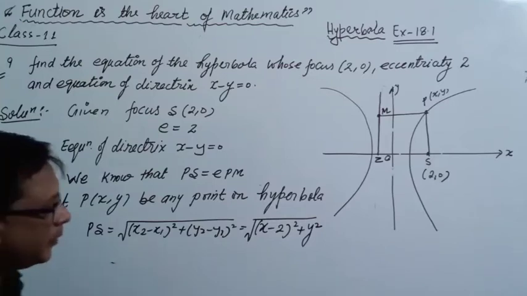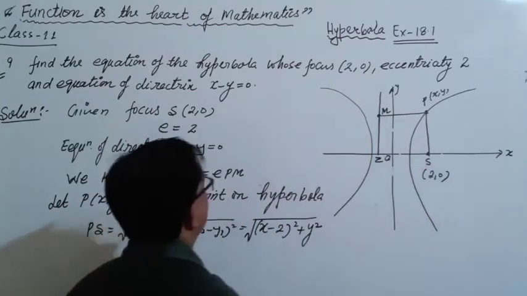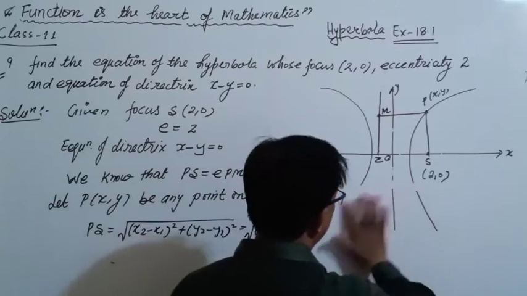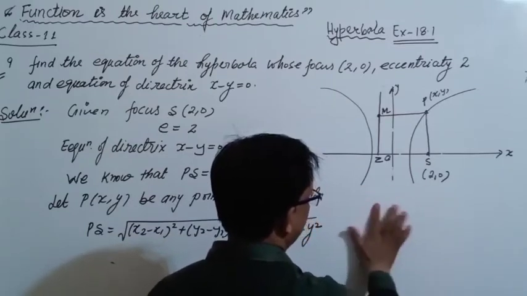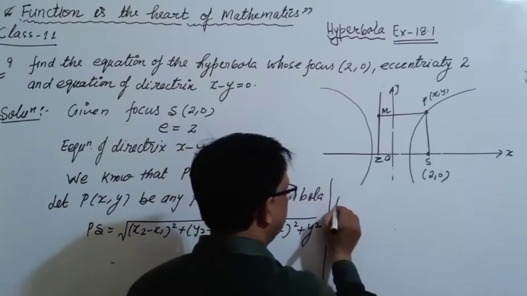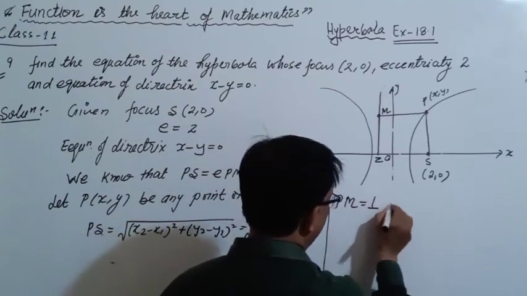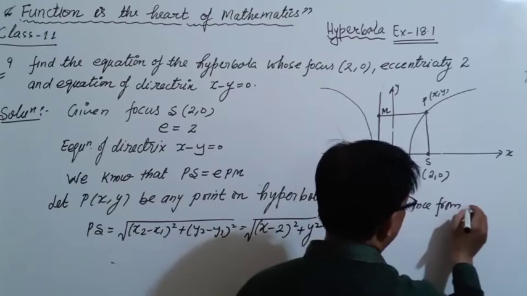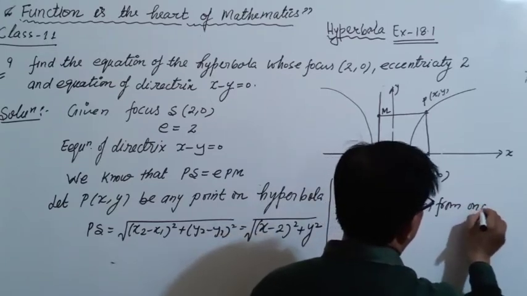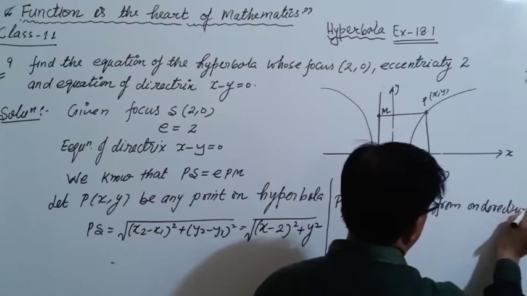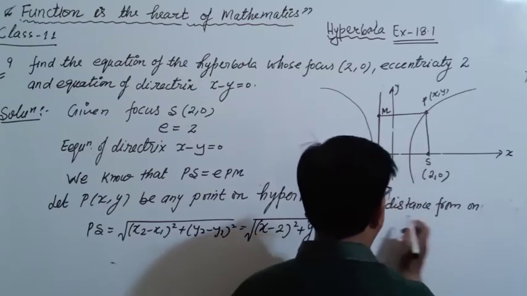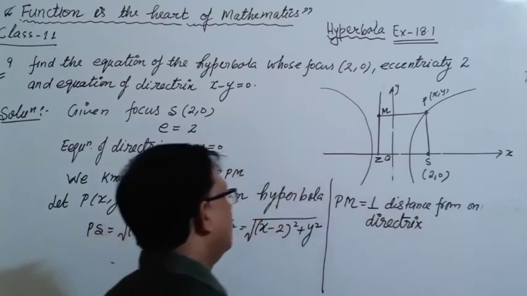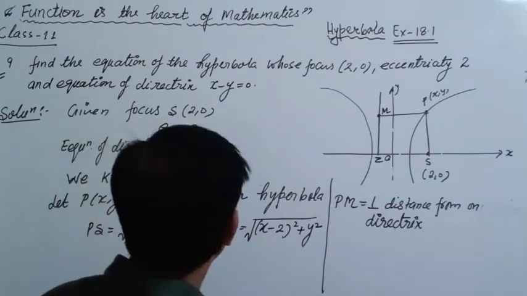PM is the perpendicular distance from P to the directrix.